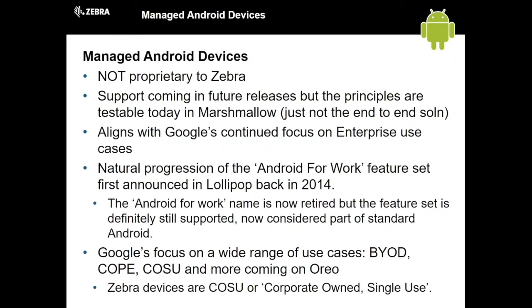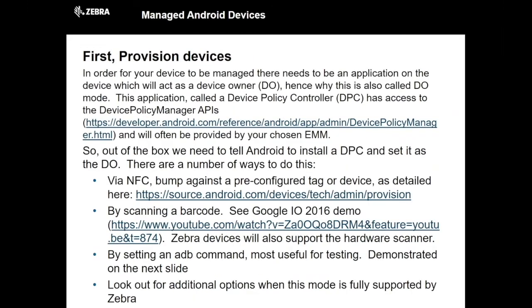So in order to set up a managed device, this is an area where I see a lot of confusion out there in the field. You need to provision your device, and provisioning your device involves assigning a device owner that will manage the whole device. A device owner is also called a device policy controller, and it has access to elevated permissions and a specific, more powerful API set called the Device Policy Manager APIs.